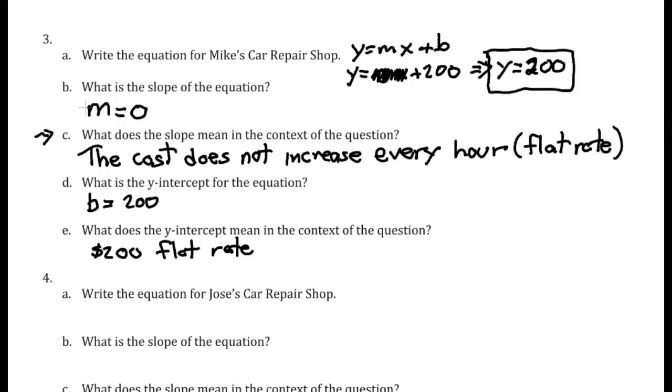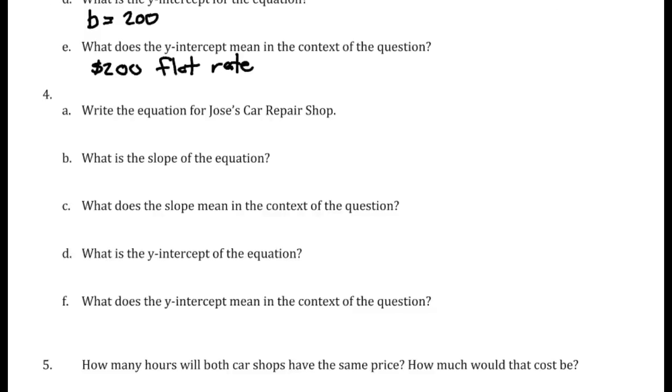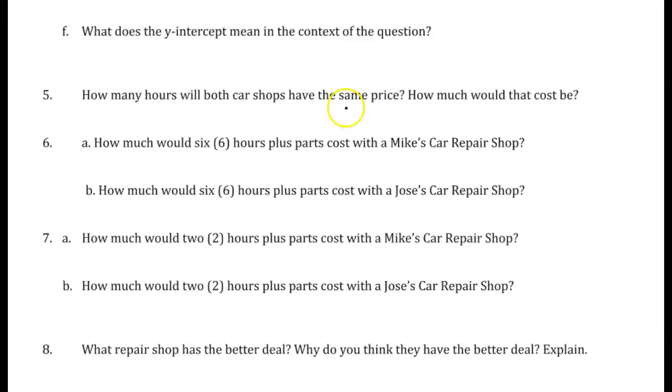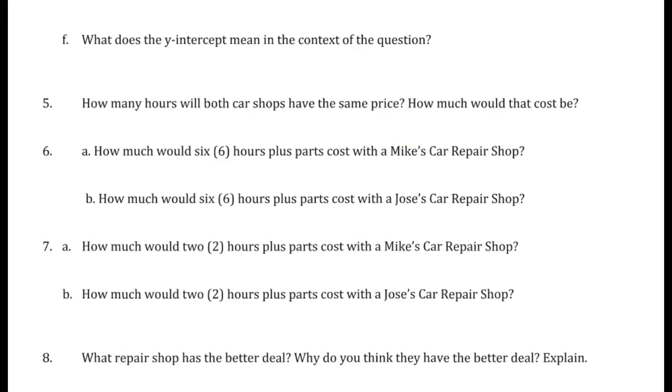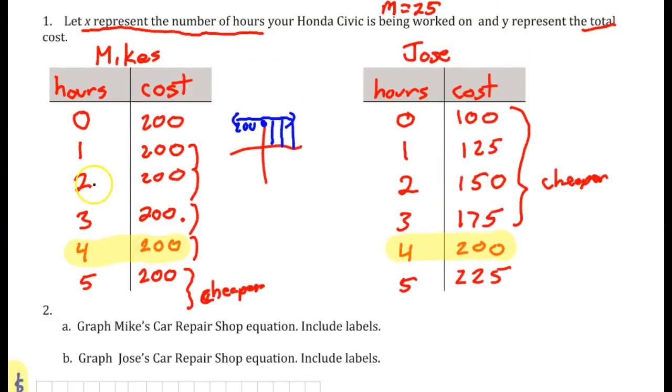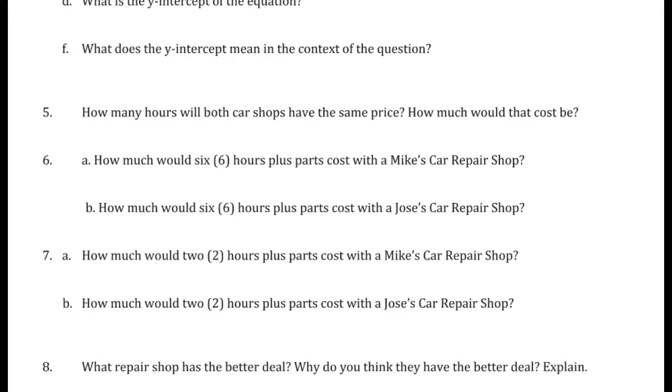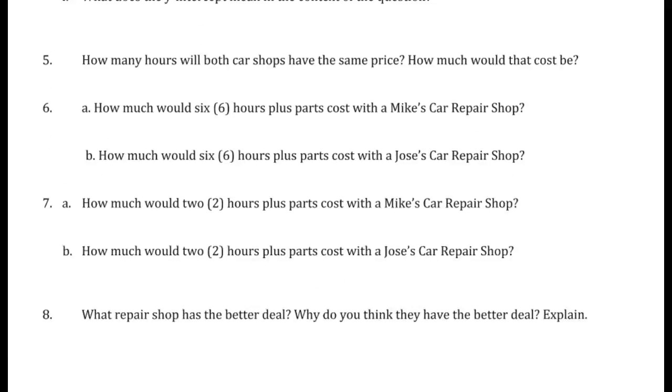And for 4, it's going to be the same thing as always. You'll have 25 for your slope. And we've already really gotten good at answering these questions before you even start, because I already kind of pointed it out. When will they be the same? Even before you graph it, you know that they're both going to intersect at 4 hours at a cost of $200. So you can answer some of these questions even before you graph it. Okay?